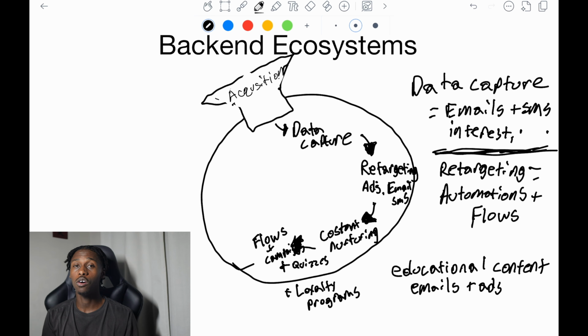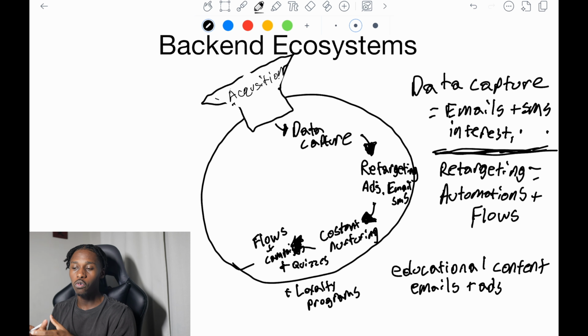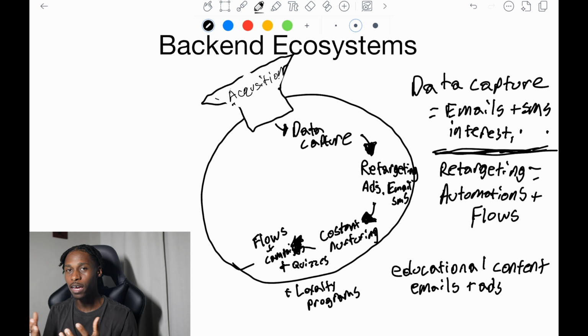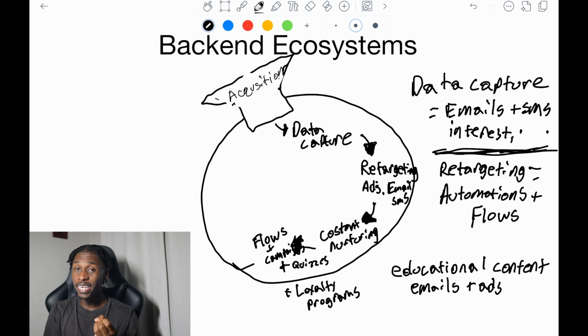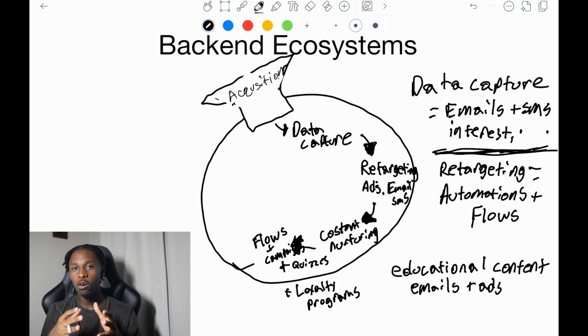I would say Okendo. My company's partner with Okendo, but Okendo is a good platform. Yotpo is another platform where you can build out your own loyalty program and make it more gamifiable. You make your brand now educational and gamifiable, and now people are starting to build more and more trust with you. This is what happens on the back end. This is how you start building this style of trust.